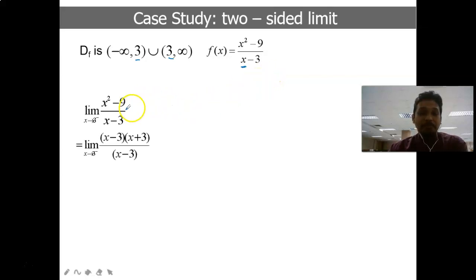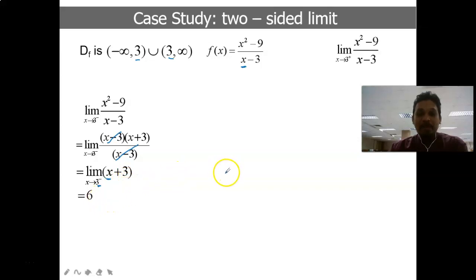For this one here now, we factorize x squared minus 9 into x minus 3 and x plus 3. Now we can substitute the value of x equal to 3 into the function: 3 plus 3 equals 6.